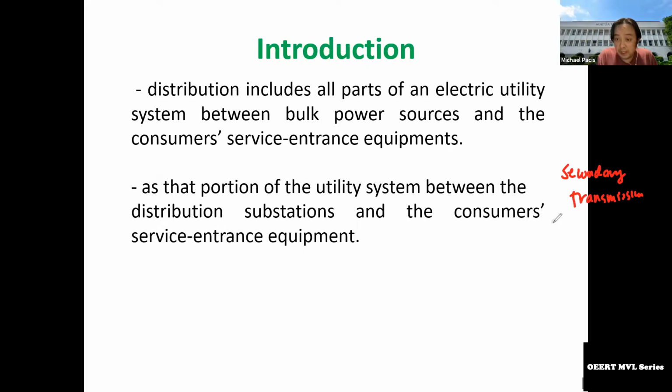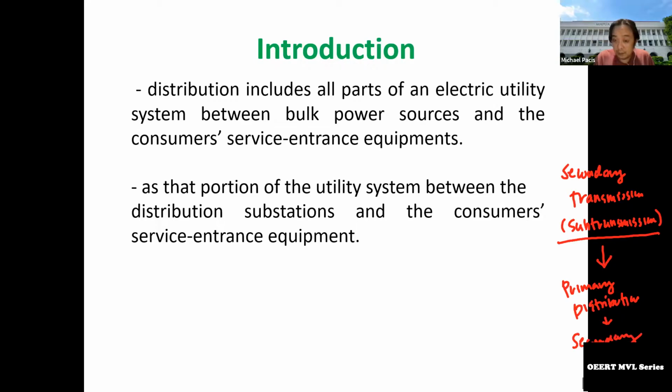From the secondary distribution, we anticipate the loops, the networks, which is our subtransmission. And from this subtransmission network, we go forward to our primary distribution, and from the primary distribution, it goes to the secondary distribution.